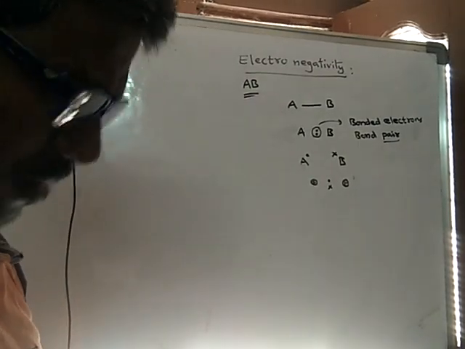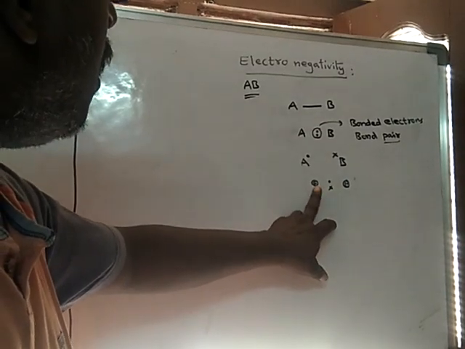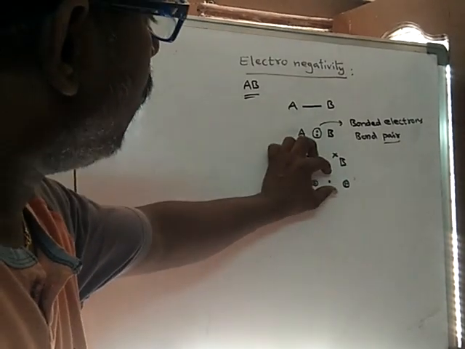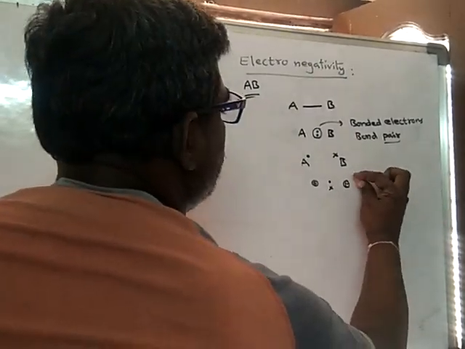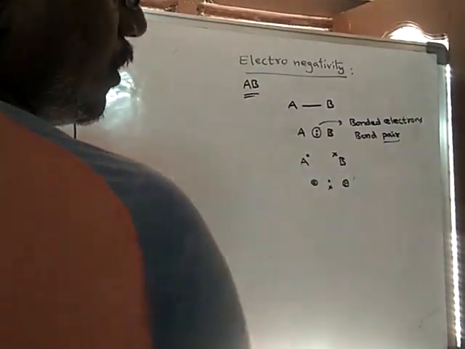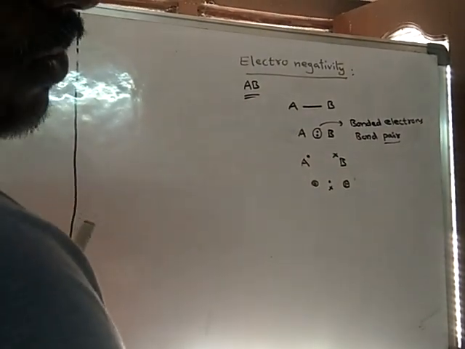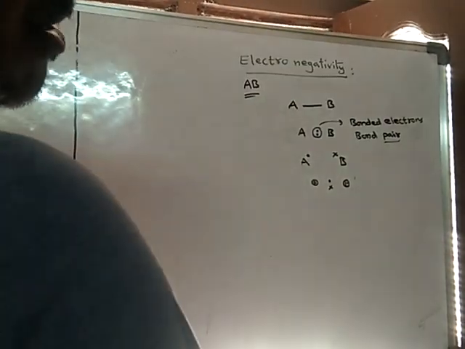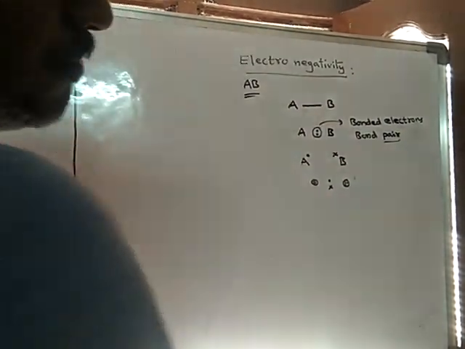Now what happens? This nucleus will pull these two electrons towards itself, and this nucleus also will pull these two electrons towards itself. So where will these two electrons go? Will they remain in the center, or will they move towards B, or towards A?